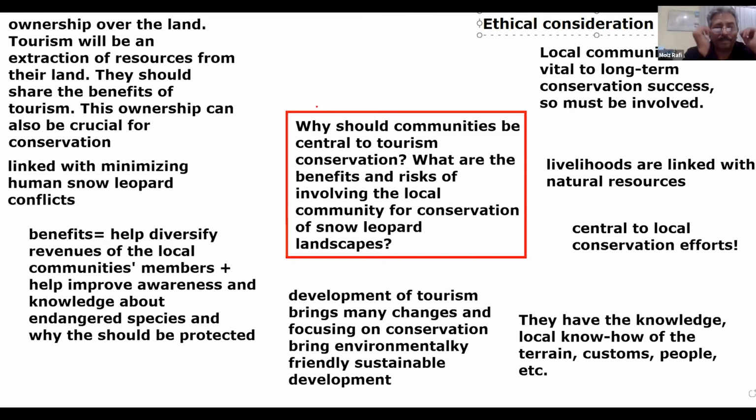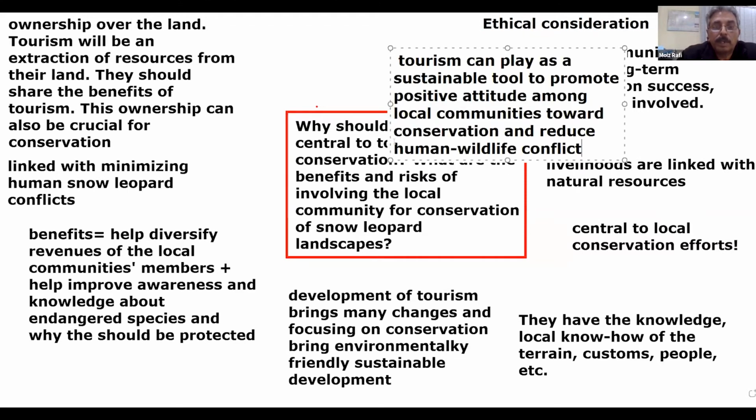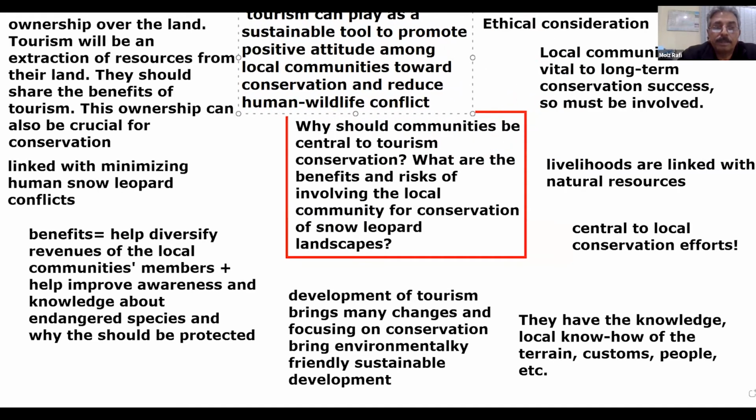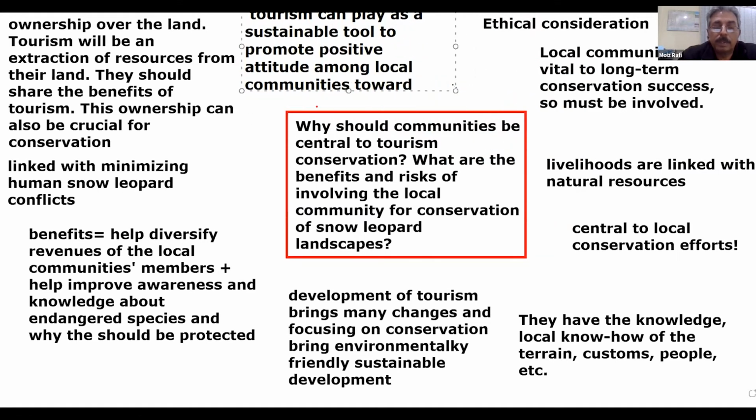Yeah, sure. I think it's basically because, as we all know, about the losses they suffer due to the predations, and as this conservation tourism is linked with the livelihoods of local communities, eventually it would reflect on human snow leopard conflicts.